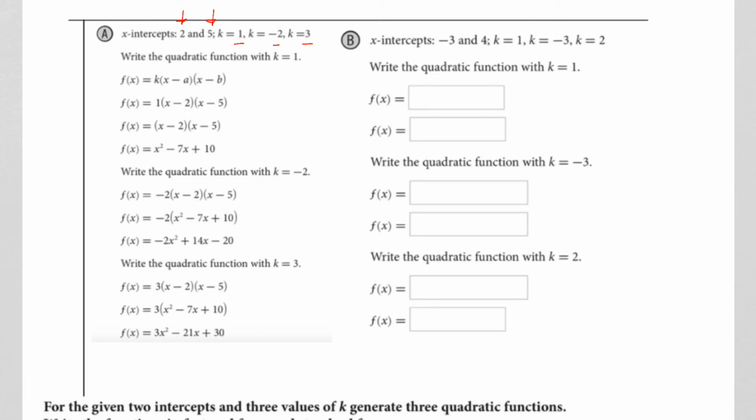So here is when k is 1, and this is basically all the work for that. And this second example is when k is equal to negative 2, and that's all the work for that. So these are actually solved examples for you to reference while you're doing your guided practice. And of course, if this were on a test, here are actual examples solved step by step when k is equal to 3.